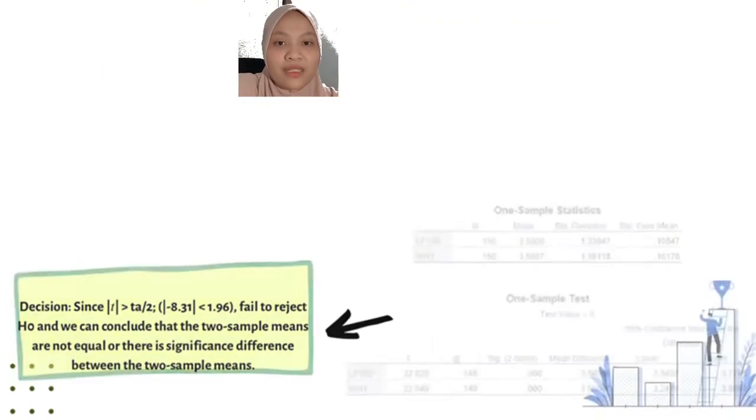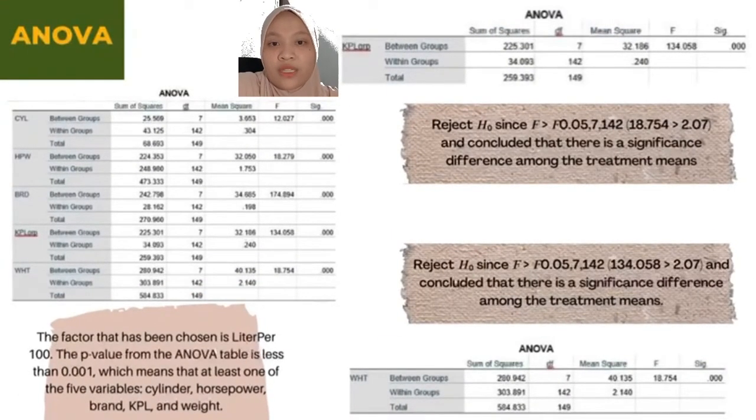The next method is ANOVA. The factor that has been chosen is liter per hundred. The p-value from the ANOVA table is less than 0.001, which means that at least one of the 5 variables, cylinder, horsepower, brand, KPL, and weight, differs.